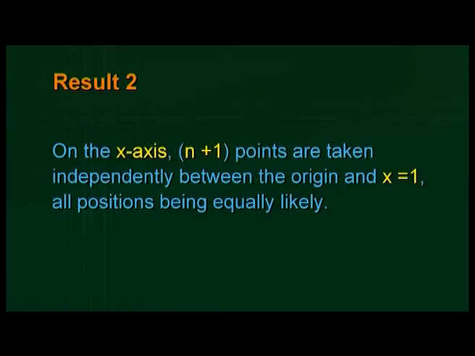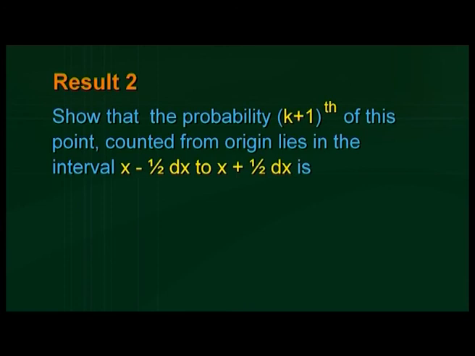On the x-axis, n+1 points are taken independently between the origin and x = 1, all positions being equally likely. Show that the probability that the (k+1)th of these points counted from origin lies in the interval x - dx/2 to x + dx/2 is nCk (n+1) x^k (1-x)^(n-k) dx.